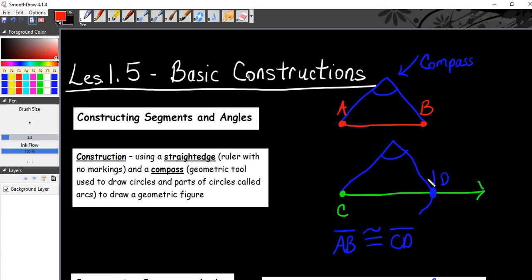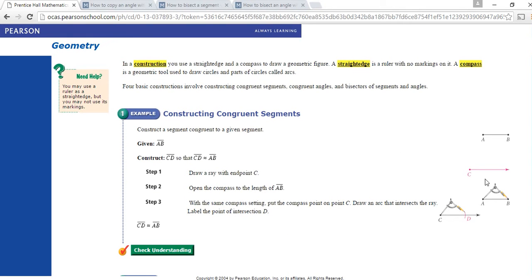Now, the first thing I did was I tried to draw one myself, because in your book this is what it shows, and it's so neat, and I thought, ooh, I can draw that. So you've got a segment here, and you want to draw a congruent one. So you draw a ray with an endpoint, and then you open your compass to the length of this segment that you're given, AB.